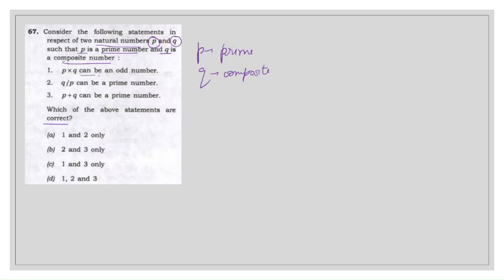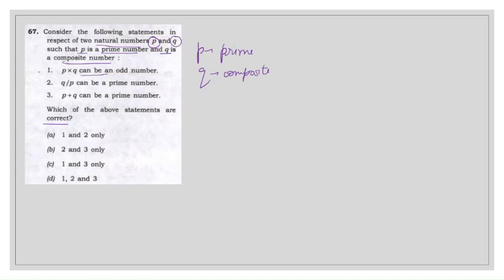See, here we are talking about can be. It does not say is always an odd number. So we just need to find such examples by which we can say that yes, such possibilities can occur. They are not mentioning that it should be odd. They are mentioning that there are such numbers which are odd.